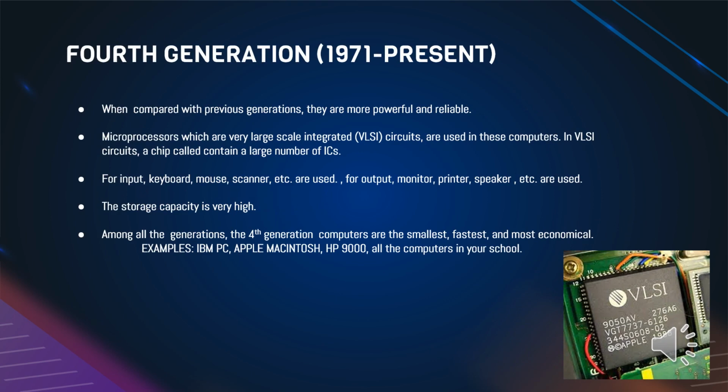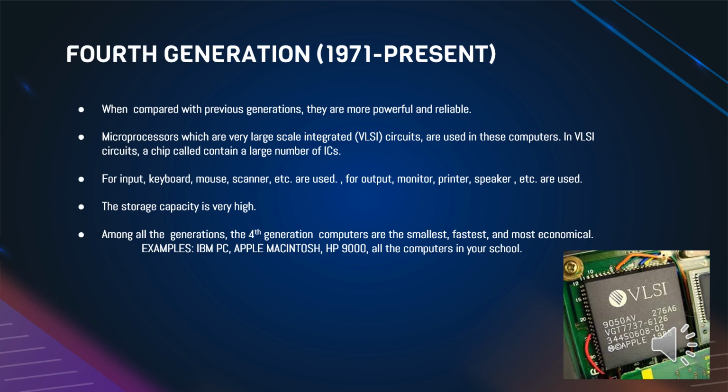Fourth generation computers, 1971 to present. When compared with previous generations, they are more powerful and reliable. Microprocessors, which are very large scale integrated circuits, are used in these computers. In VLSI circuits, a chip could contain a large number of ICs.